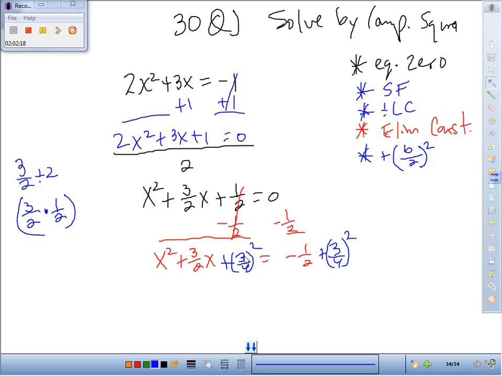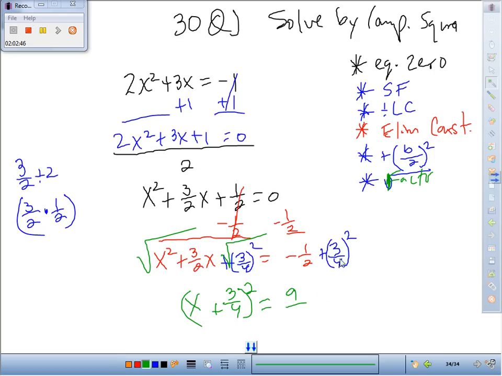So check this out. Square root, is that correct? No, my bad. This is factor. Factor. Square root of this, square root of this, squared equals, what is 3 squared? 9. What is 4 squared?